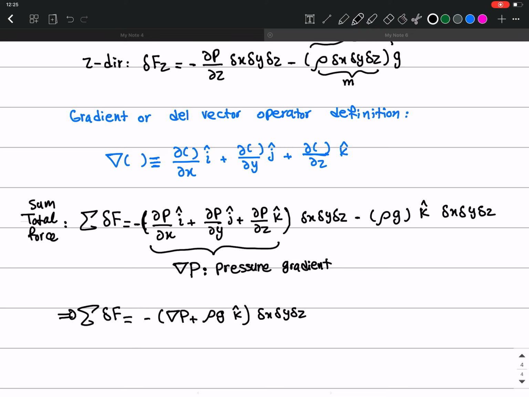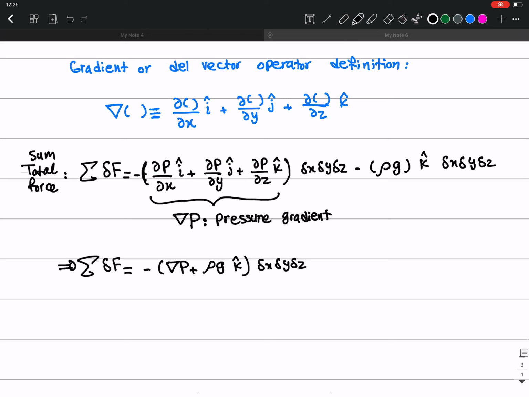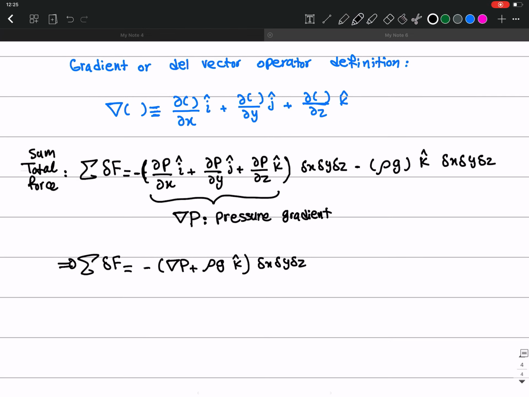So I just factored delta x, delta y, delta z and minus. Okay. So this is the sum of the forces in a fluid element. So it's going to be the pressure gradient in different directions and the weight of the fluid. So these are the forces that we have when we draw the free body diagram.